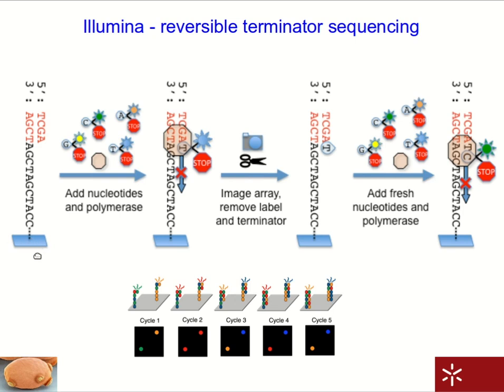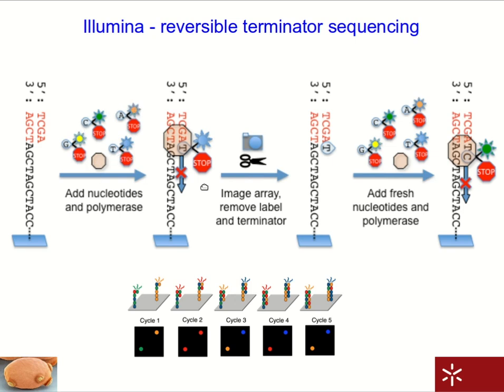This is done chemically because one of the oligonucleotides attached to the surface is chemically modified so that you can remove it. Here we have all four nucleotides present at the same time instead of one by one. They're all linked to a different fluorescent molecule, and we also add a polymerase at the same time.